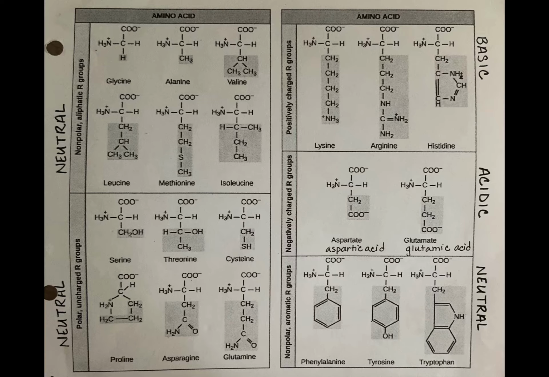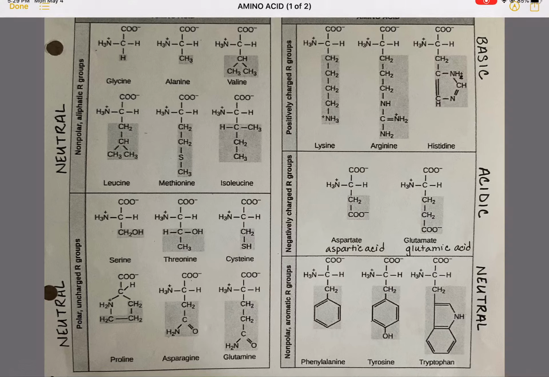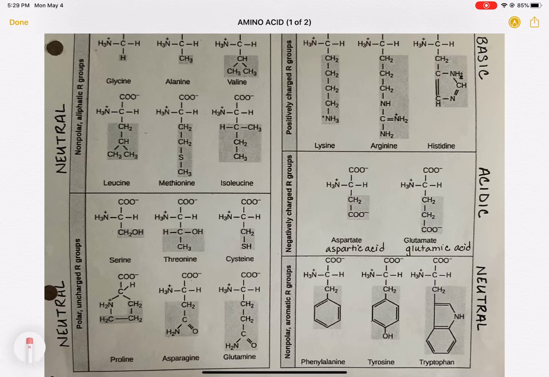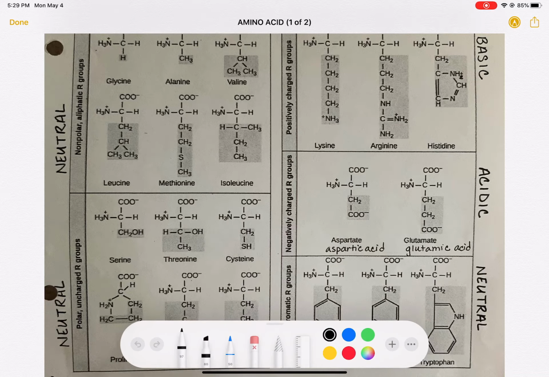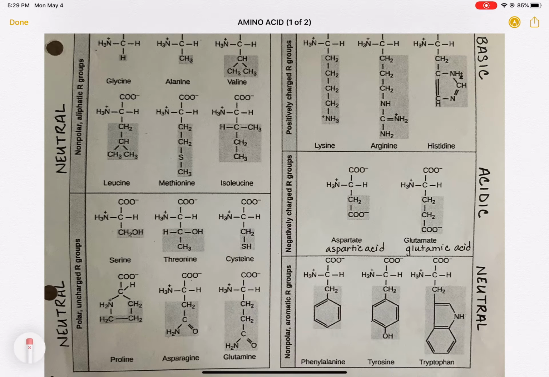And on this particular table, the R groups are shaded in boxes for each amino acid.